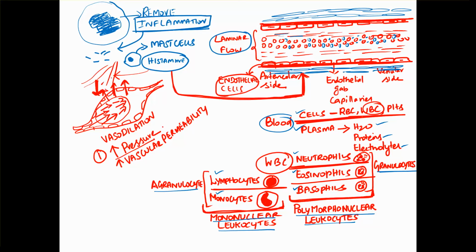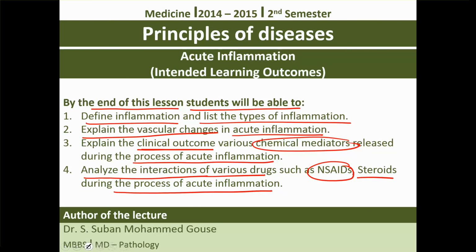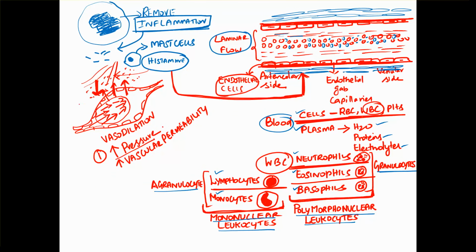Now we have fluid, and the fluid also contains proteins. So this all happens because of what? The bacteria or necrotic tissue which has to be removed by the inflammation.